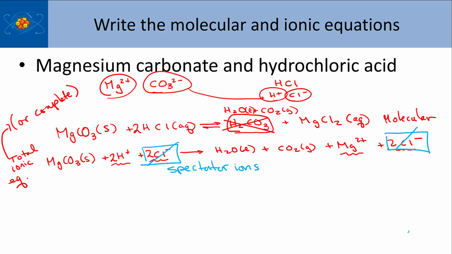And now I can write my net ionic equation, and that's everything but the spectators. So I'll rewrite everything but the spectator ions.